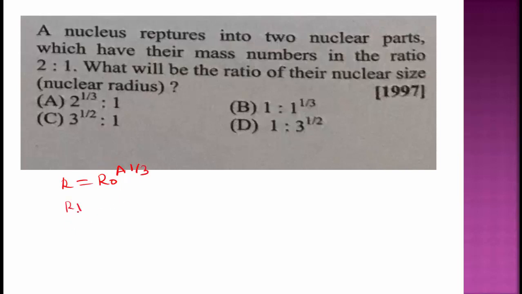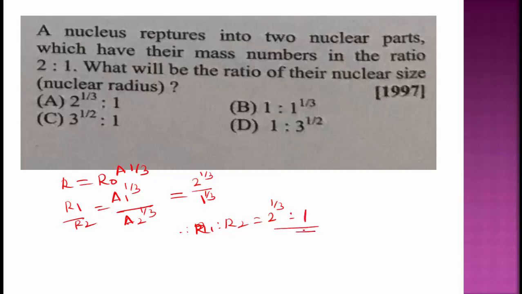Using this, the ratio R1 by R2 is equal to A1 to the power of 1 by 3 over A2 to the power of 1 by 3. The mass numbers are in the ratio of 2 by 1, so 2 to the power of 1 by 3 and 1 to the power of 1 by 3. Therefore, R1 is to R2 is equal to 2 to the power of 1 by 3 to 1. Option A is the right answer.